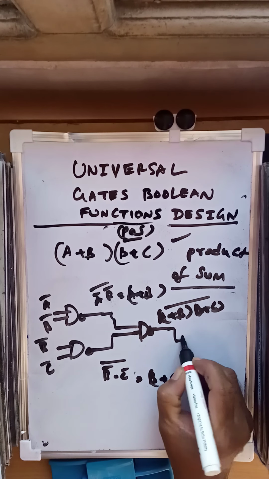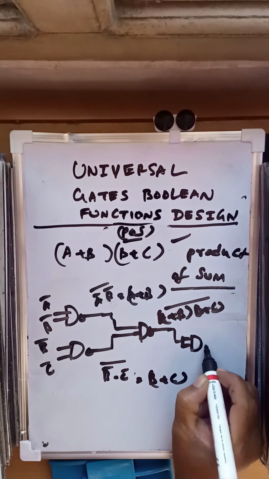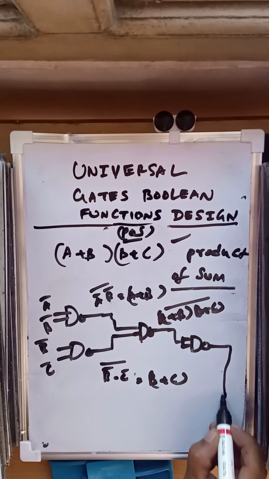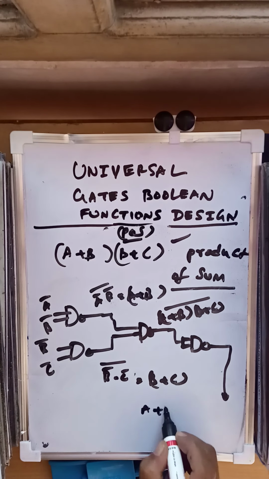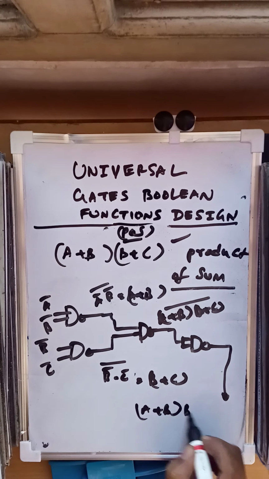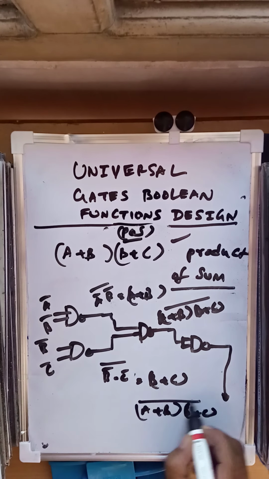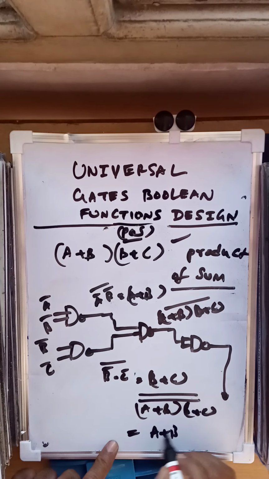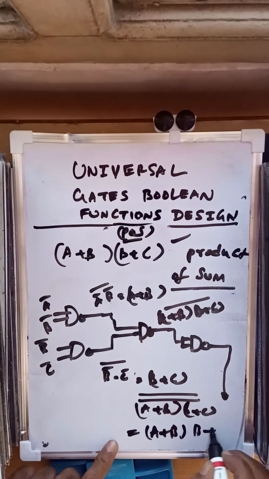This is given to a two input NAND gate, then the output here is A plus B, B plus C whole bar whole bar, that means A plus B and B plus C.